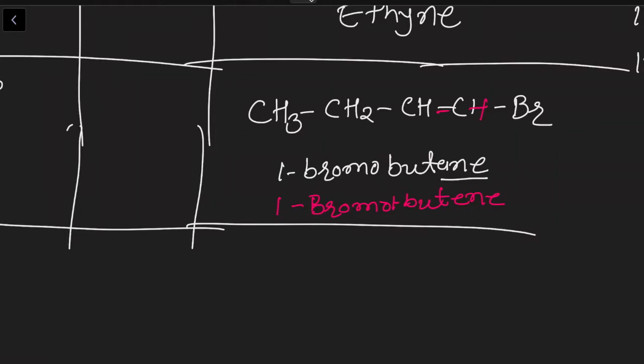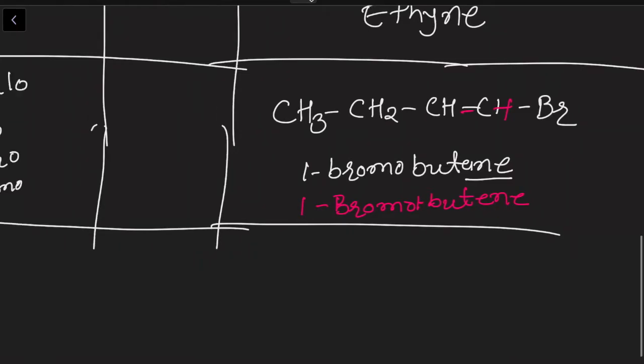If we have a triple bond somewhere, we'll call it butyne, with Y-N-E.